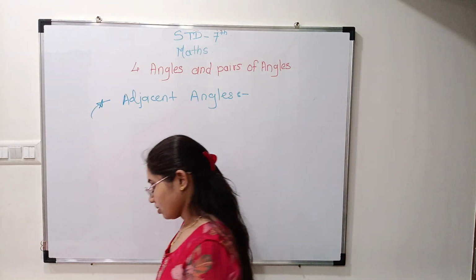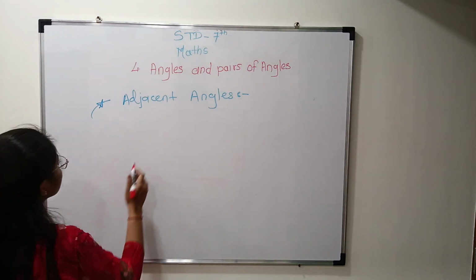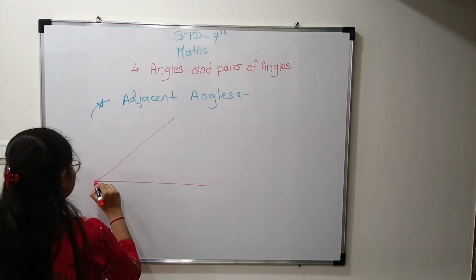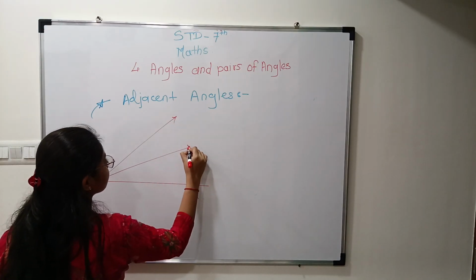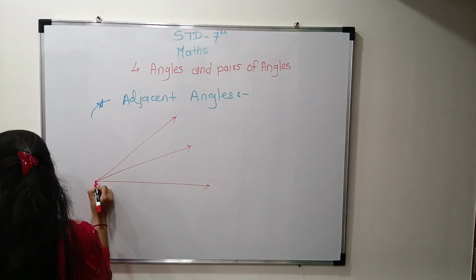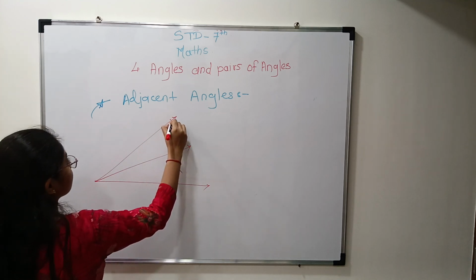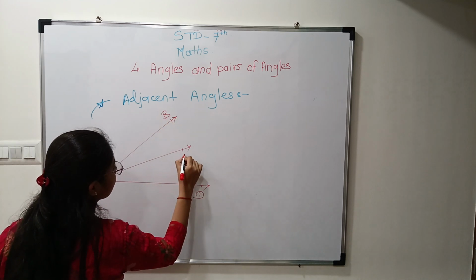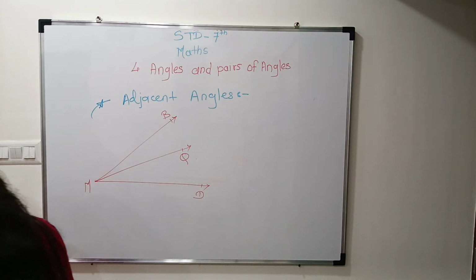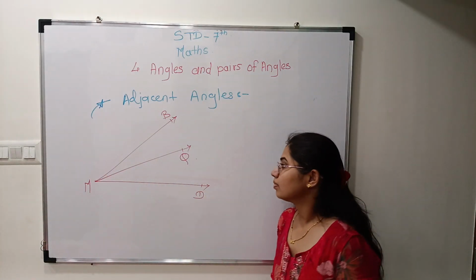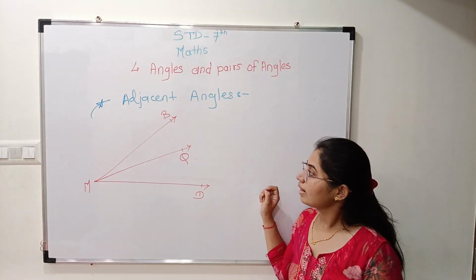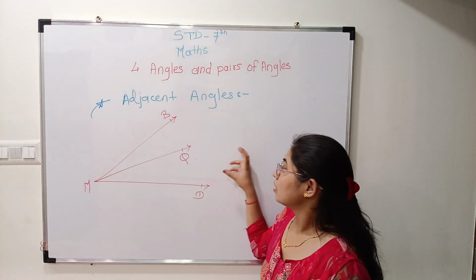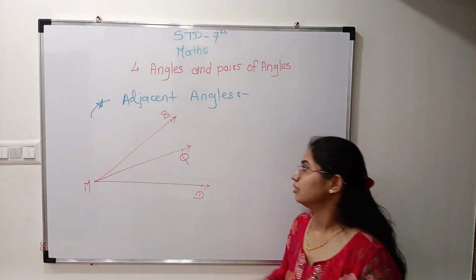Okay. So suppose I draw over here this angle. See, your angle BMD. But here one more angle is there, QMD.